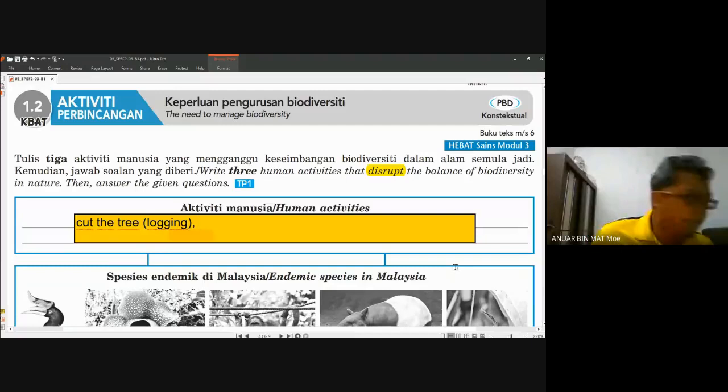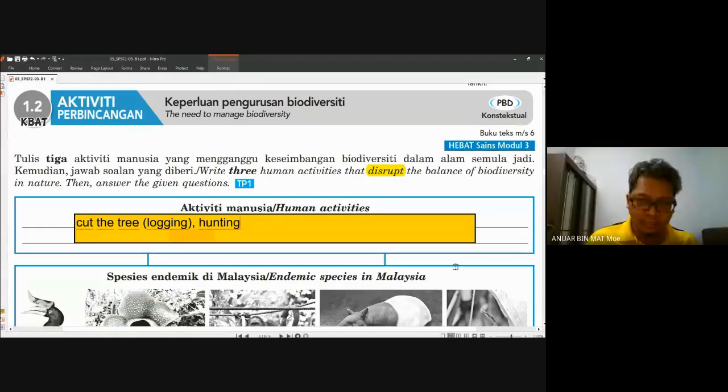We call it what? Give it one word. For hunting the endemic species, you can just write hunting. Hunting wild animal, for example. Just make it brief. Okay, very good.